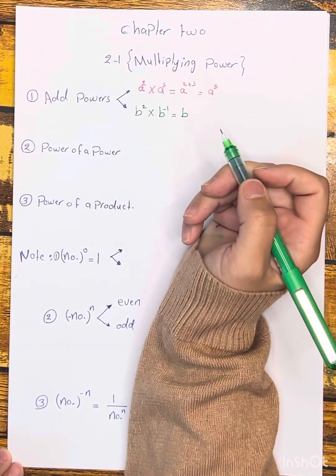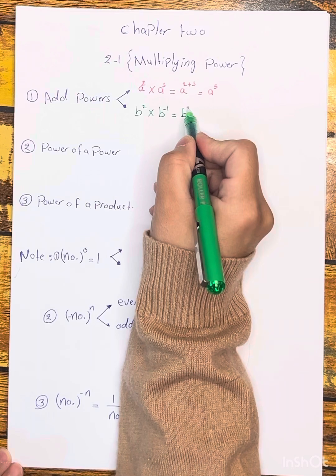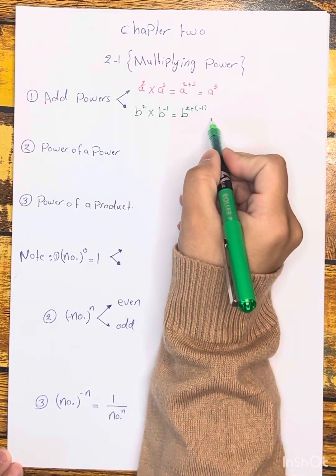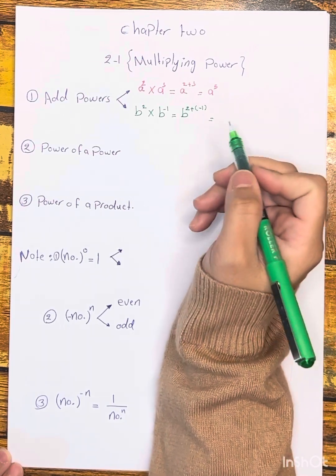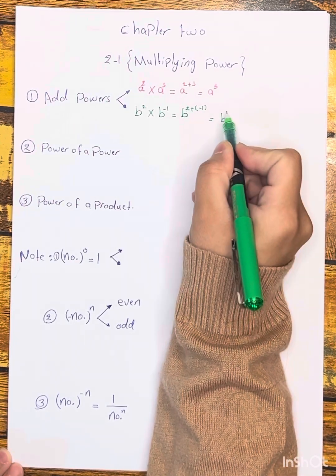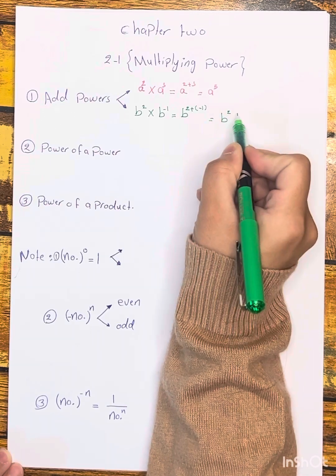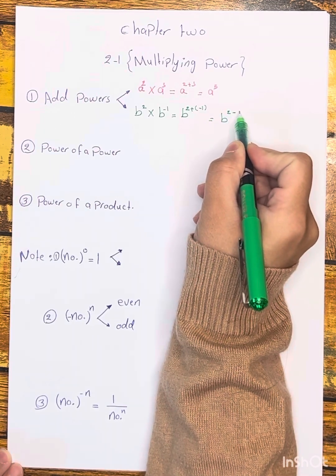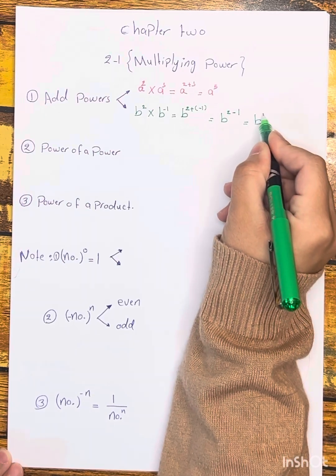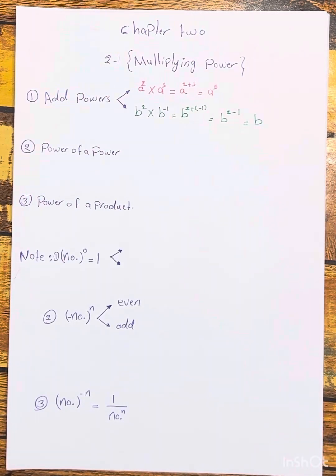I will write 2 plus negative 1, because we need to add their powers. And b as it is, 2 as it is, plus negative 1. So it will be b to the power of 1, and we don't need to write 1 as a power, okay?